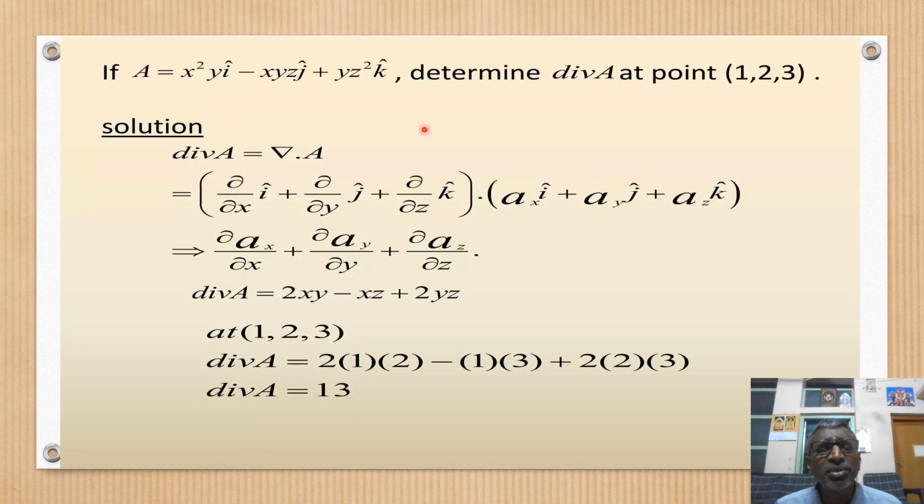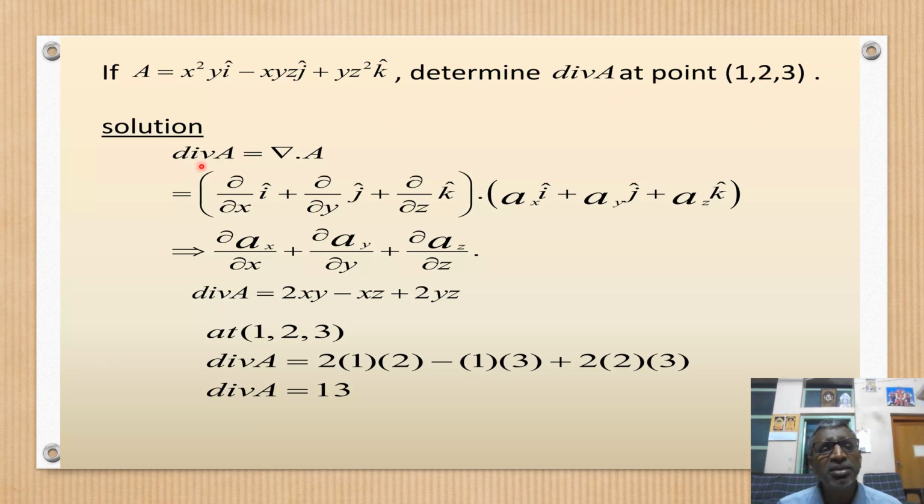Now let us look at the problem: how to calculate the divergence for a given vector point function. Remember, divergence is operated on a vector point function. Given A bar is equal to x square y i minus xyz j plus xyz square k, we have to find the divergence at the point 1, 2, 3.